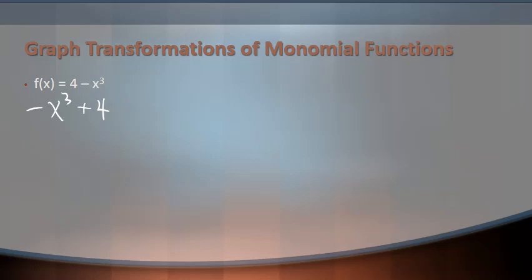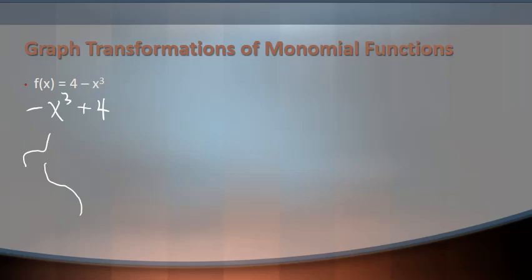So ordinarily, if this was a positive cubic function, I would expect it to look something similar to that right there. However, since this is a negative cubic function, I'm expecting this to flip around, and I think it'll look something like this right here.